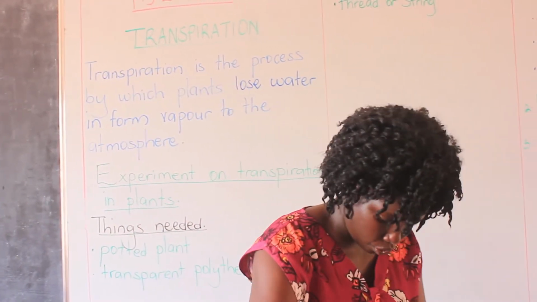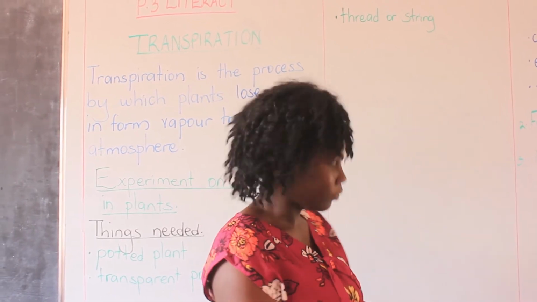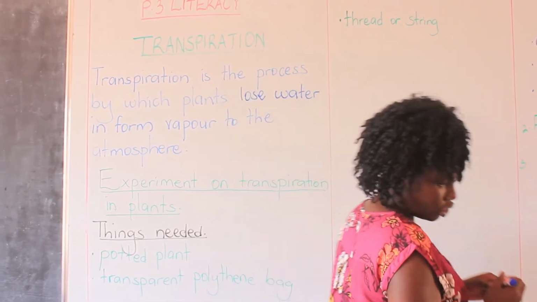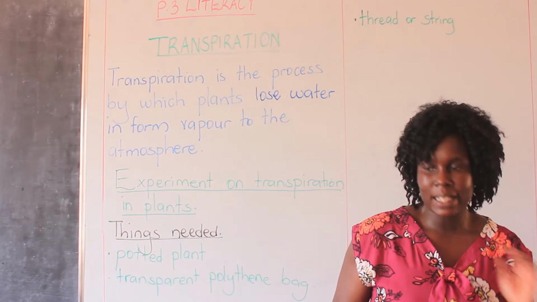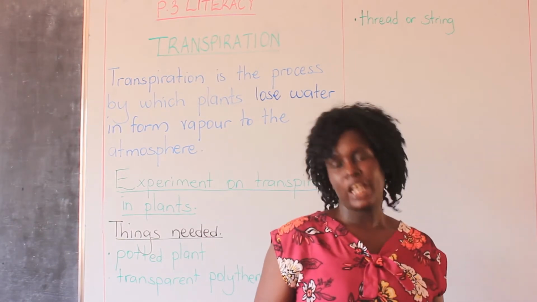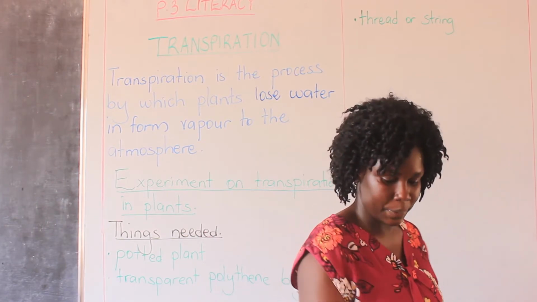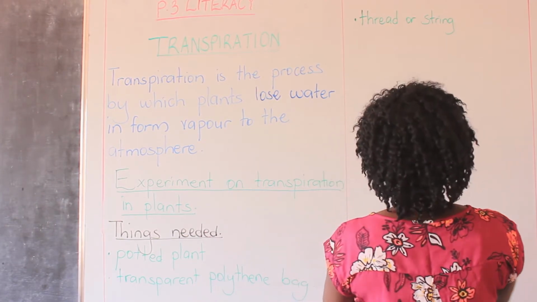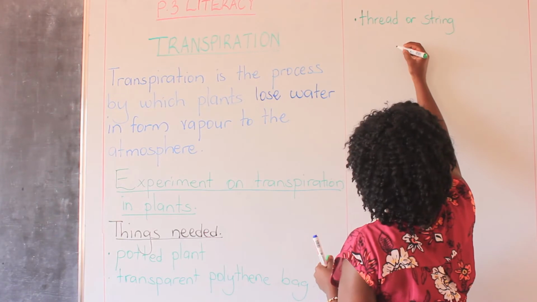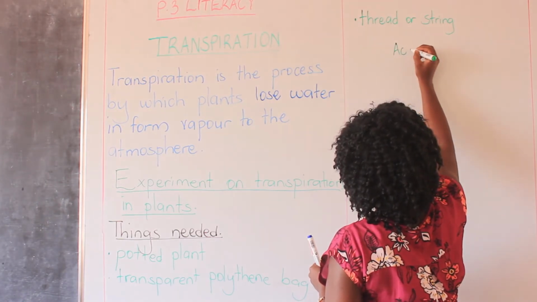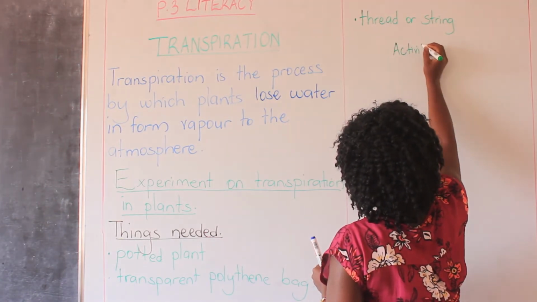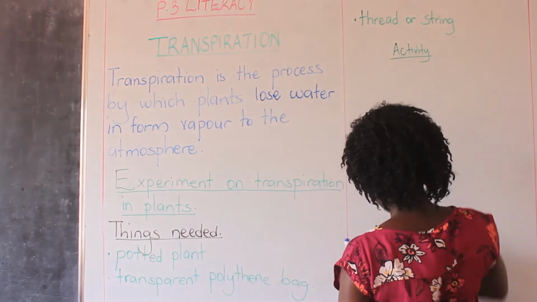Now what are you supposed to do? So what you're going to do, you're going to get this plant, put it under sunshine. Remember, we need the heat from the sun. So it will be like an activity for you. I'll put activity because it is going to be practical.